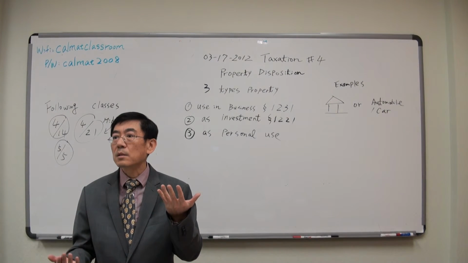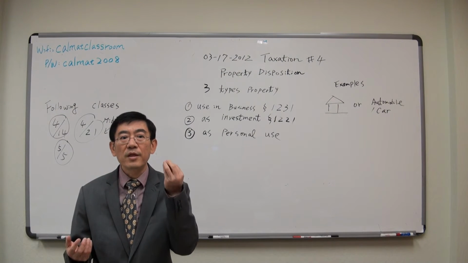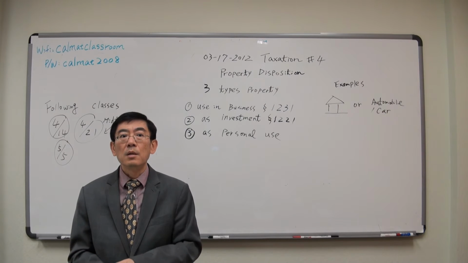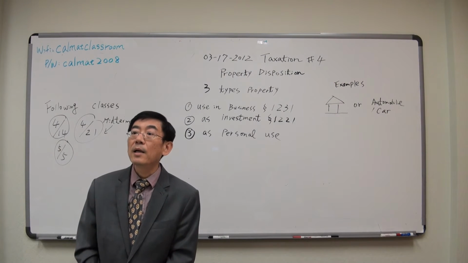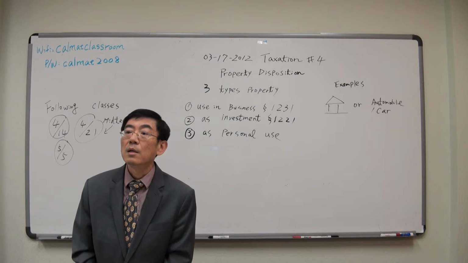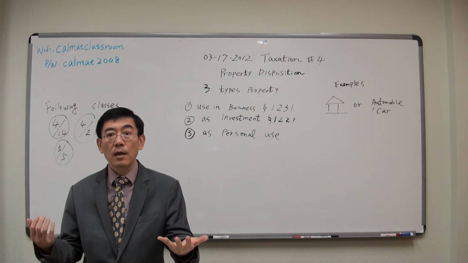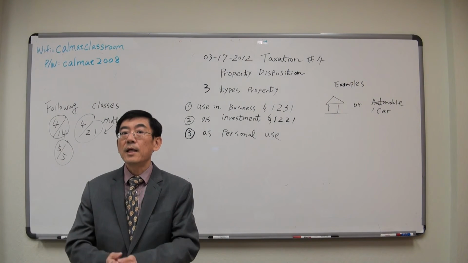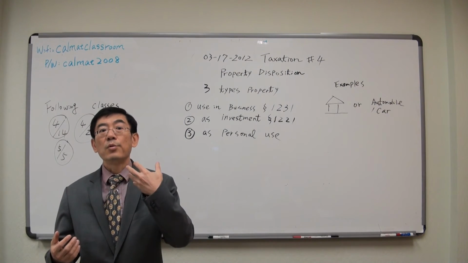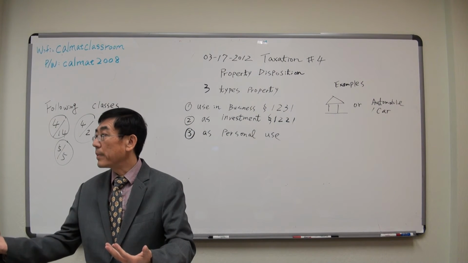The reason is, if one person disposes of the property within a year, and there is a gain, that is not capital gain. That is ordinary income. Anybody can tell me what is the major difference between capital gain and ordinary income? Say for example, Miss A sold for 350,000 compared to a 200,000 basis.